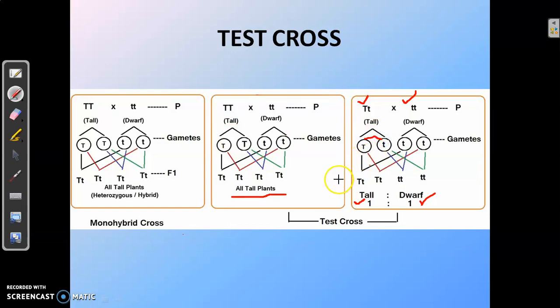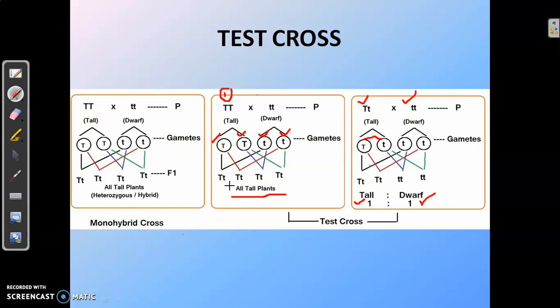Let me explain the first type, that is, the homozygous tall. In the case of a homozygous tall plant, the gametes obtained from such a tall plant are all capital T in nature, whereas the gametes obtained from the dwarf plant are small t in nature. Such a cross leads to a combination of capital T small t, that is, heterozygous tall plants.